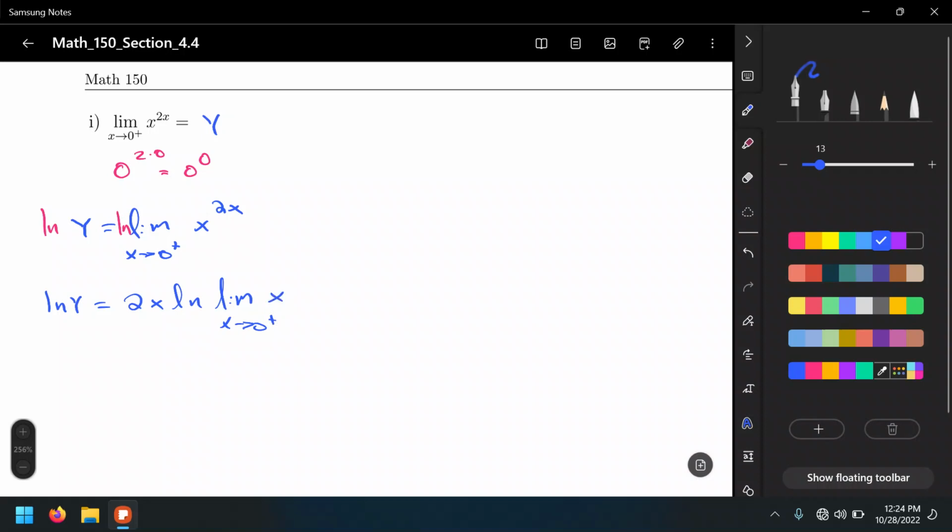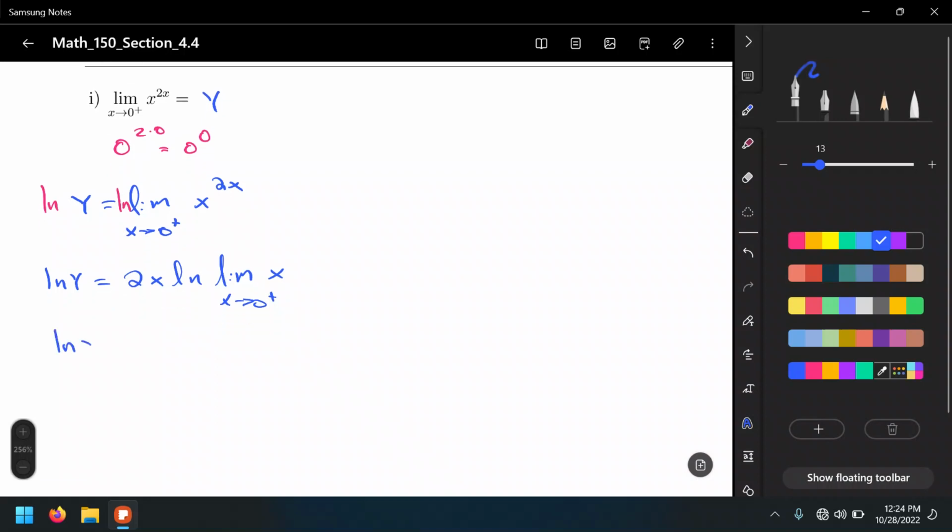And just the same way we did it in the previous example, we can interchange the ln with the limit, that is, introduce the ln operator to the limit expression. So ln of y equals 2x times the limit of ln x as x approaches 0 from the right.